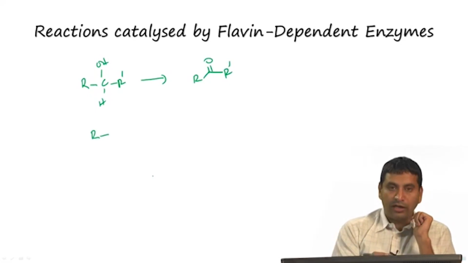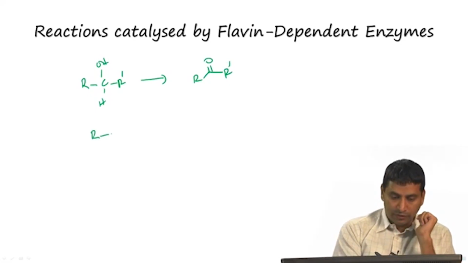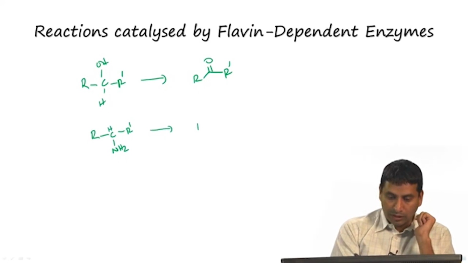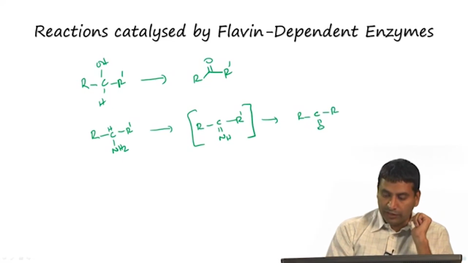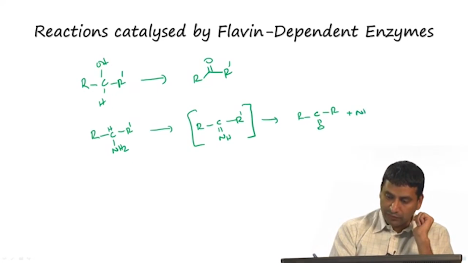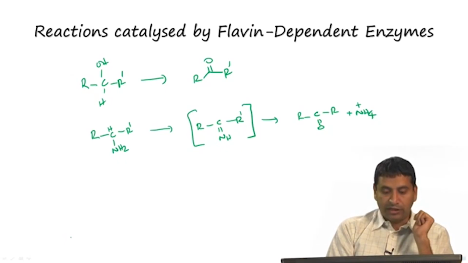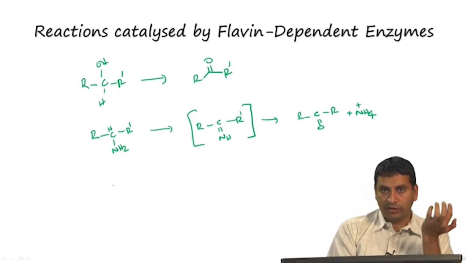You can also have amines getting oxidized, such as NH2 R prime, giving you R C double bond NH, which is going to be an intermediate, which will then subsequently form R C double bond O R, which is a ketone, plus NH4 plus. The third reaction that can happen is an oxidation reaction to produce an olefin.